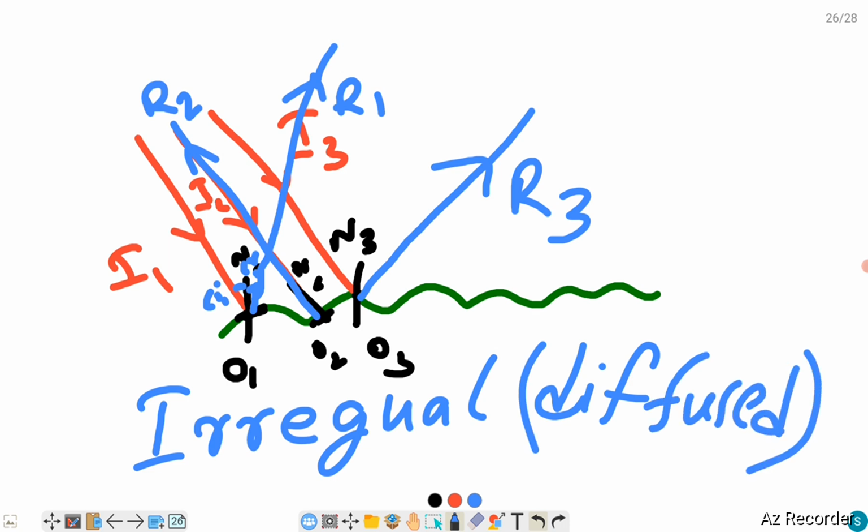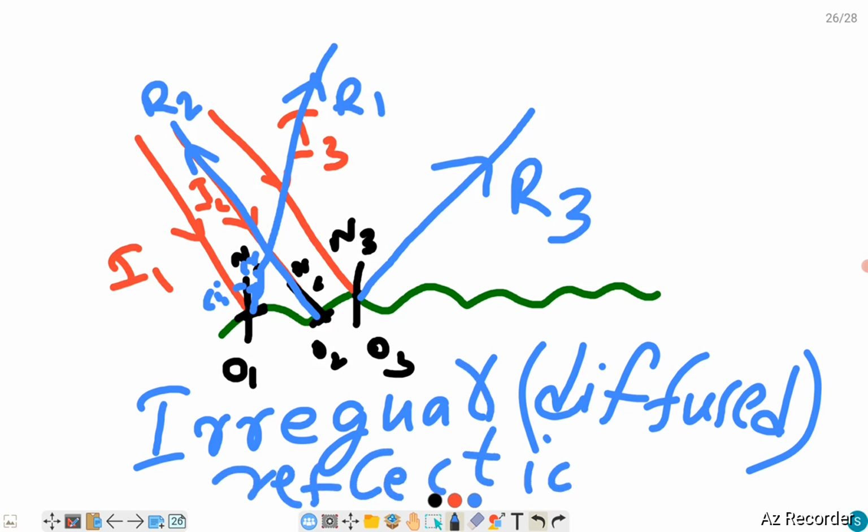Irregular or diffused reflection. Now, in this reflection also, laws of reflection are obeyed. Here the angles are equal and they are on the same plane. You can see that. Correct.